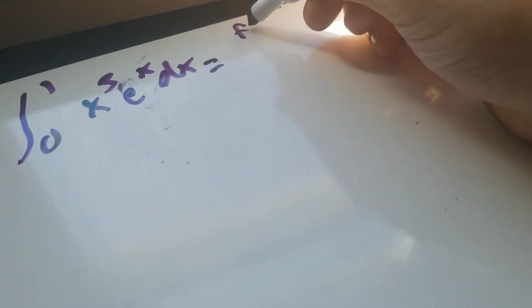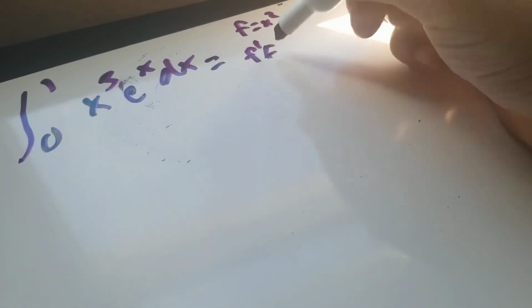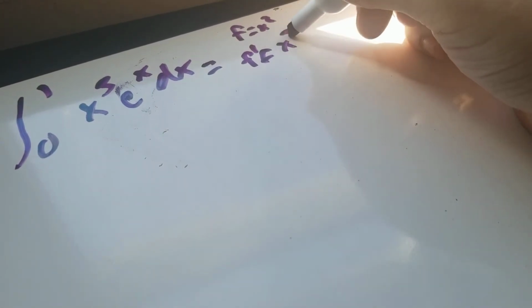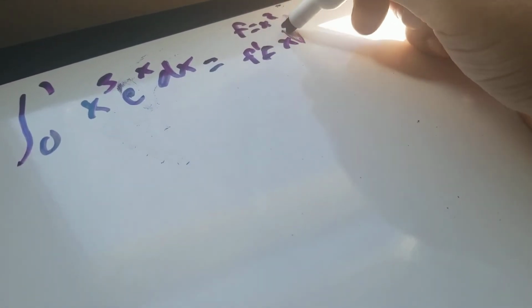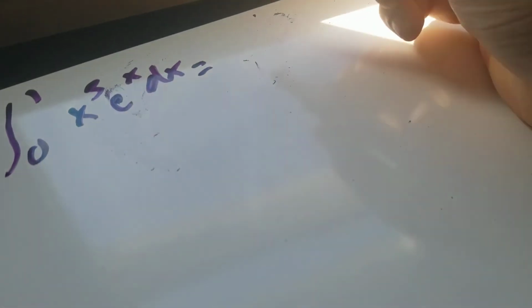Equals, so let's just fix this. F is x to the third. F prime, I'll just restart. F equals x to the third.